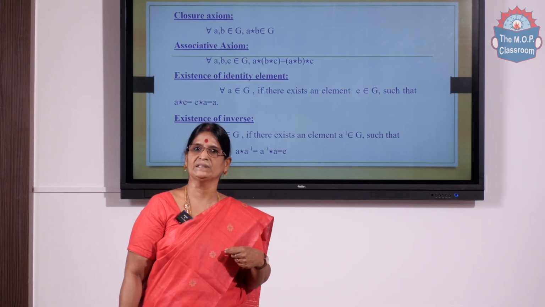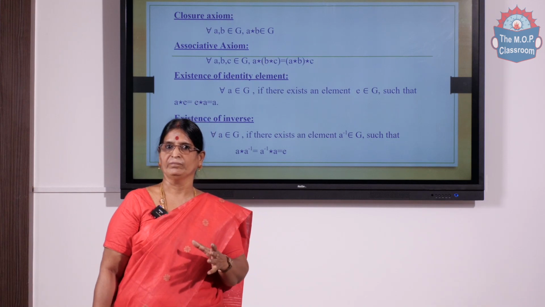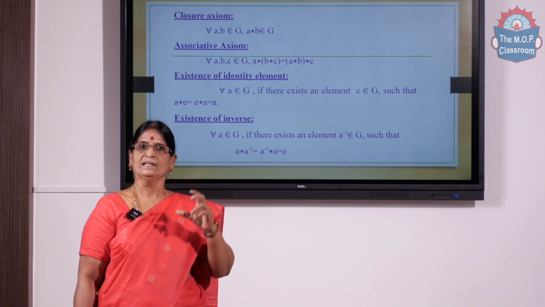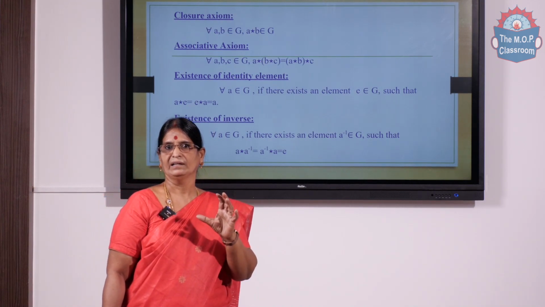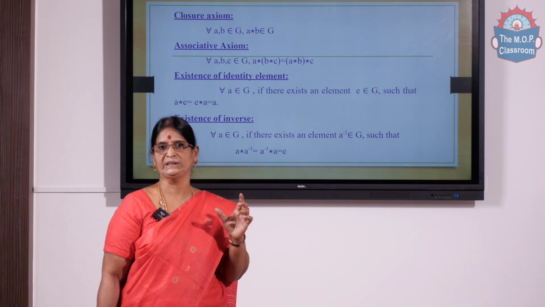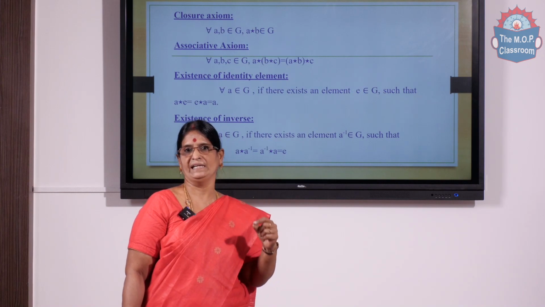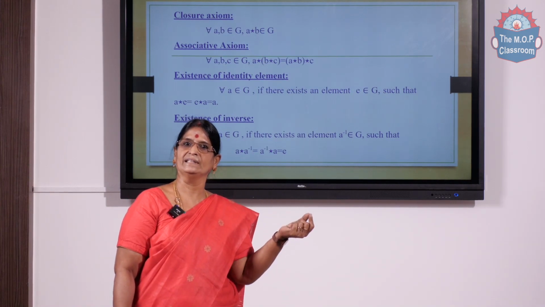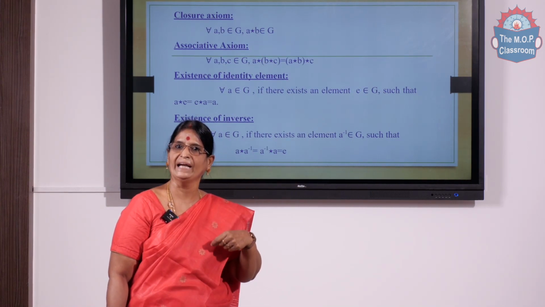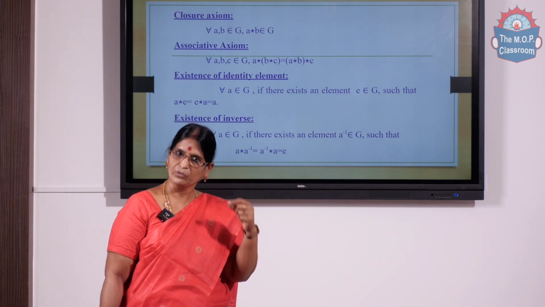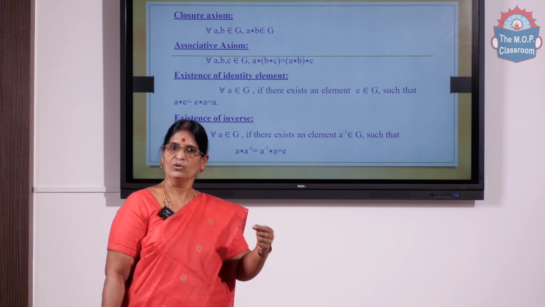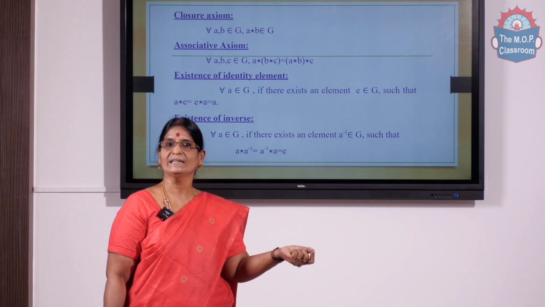Then the third axiom is existence of identity. Existence of identity: for every a in G. So I am calling any element from G; I am not taking a particular element. For any element, every element a in G, if there exists, if I am able to find an element e that is also in G, along with the condition.